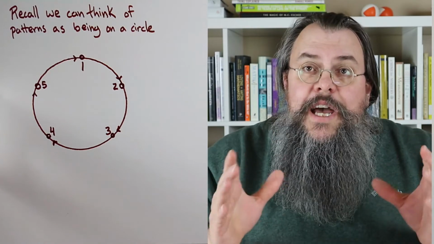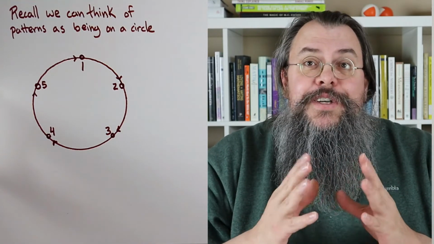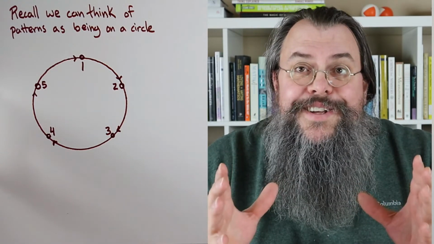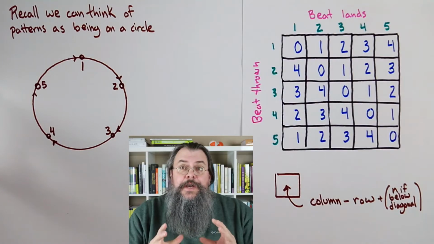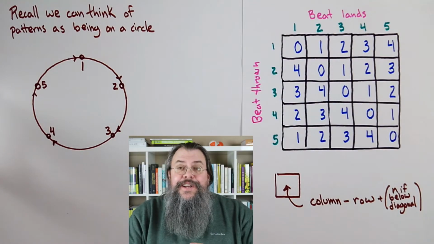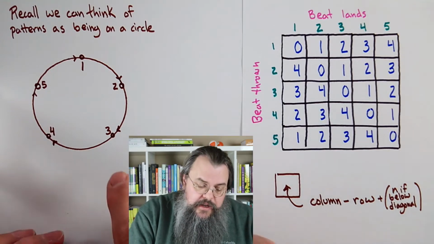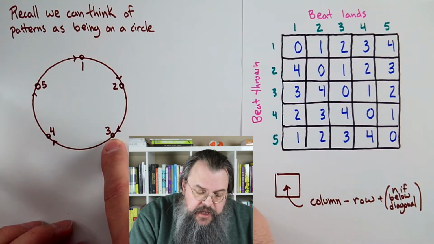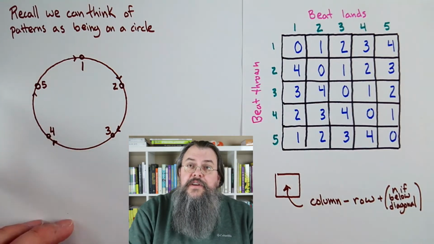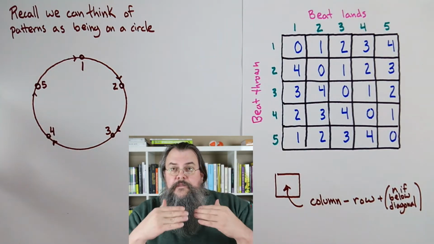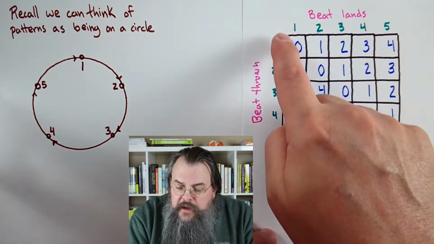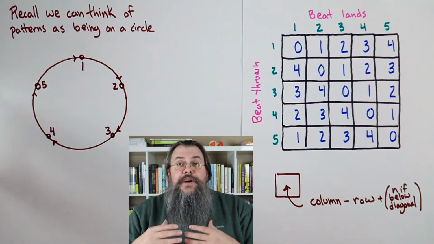So with that in mind, we're going to introduce an important board. We're going to look at this very particular board. Now, when we think about our balls being thrown, they are going to be thrown at some beat and they'll land at some other beat. So we're going to have the rows and the columns of our board correspond to the beats.